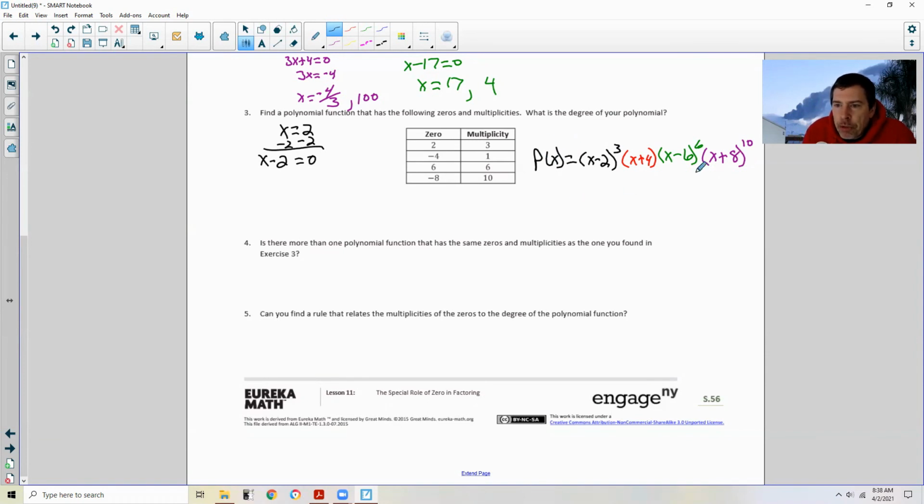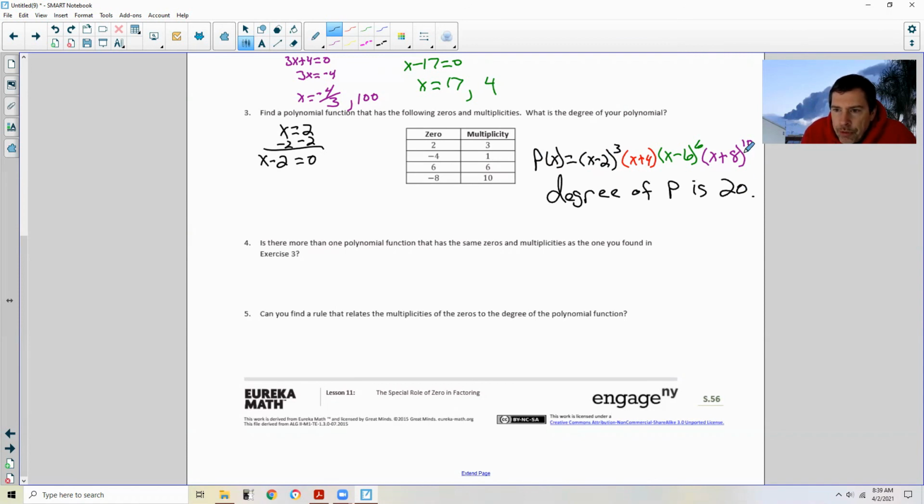This has a multiplicity of 10, multiplicity of 6, multiplicity of 3, multiplicity of 1. The degree of the polynomial is 10 plus 6 is 16 plus 1 is 17 plus 3 is 20. So the degree of P is 20.